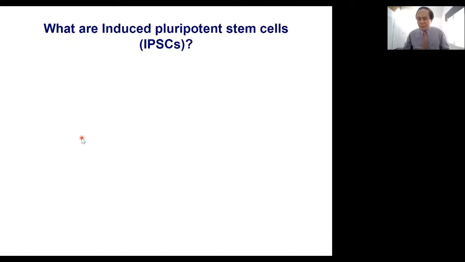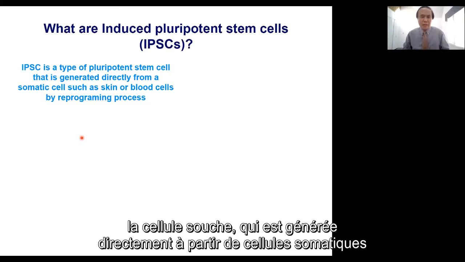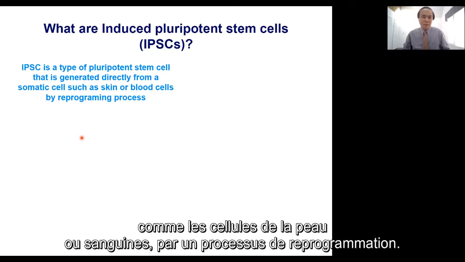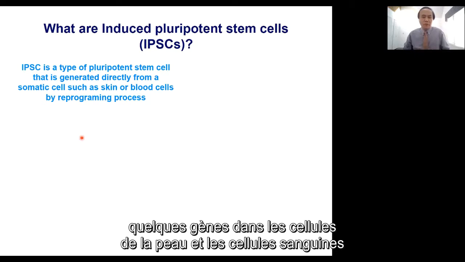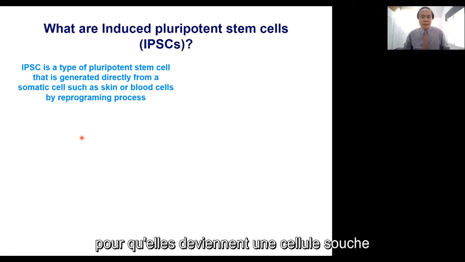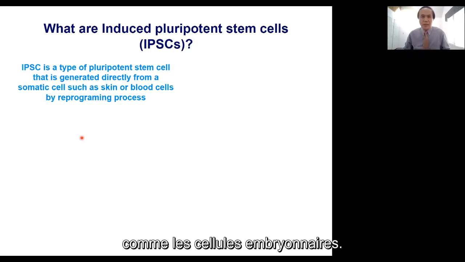So what is an induced pluripotent stem cell, iPSC? Basically, it's a special type of stem cell generated directly from a somatic cell, such as a skin cell or blood cell, by a reprogramming process. We call it reprogramming because you introduce only a few genes to the skin cell or blood cell, and this cell will become a stem cell. They can differentiate, or be converted, into many different types of cells. It's an embryonic type of cell.